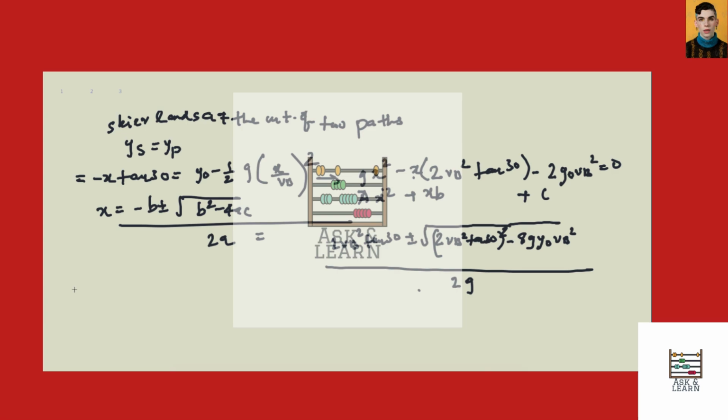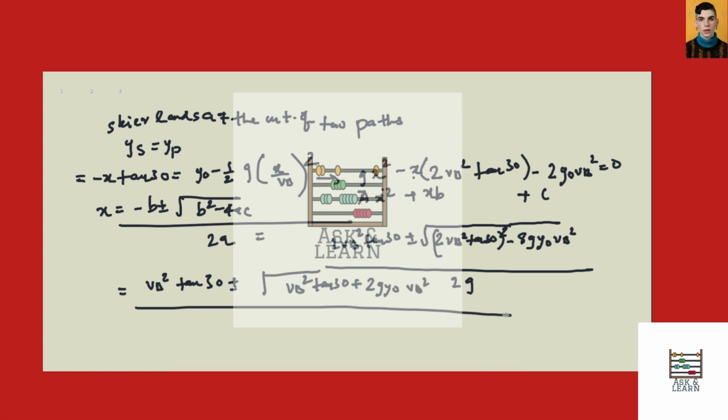So if you simplify that further, you will get VB squared tan 30 over g, plus minus, again on solving this we will get VB squared tan 30 plus 2 g y naught VB squared, divided by g.